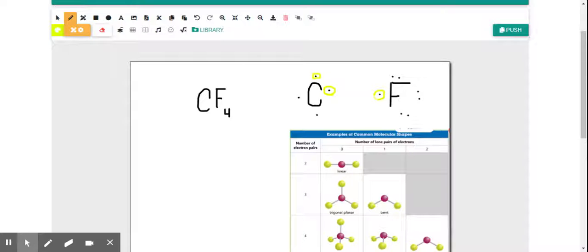Carbon has 4 solo electrons. What that tells us is that carbon can make 4 bonds. Fluorine only has 1 solo electron, 1 unpaired electron. That means fluorine can only make 1 bond. So we're going to put the element that can make the most bonds in the middle.